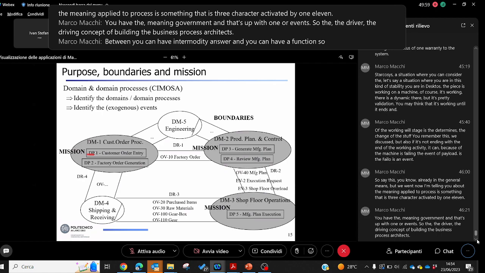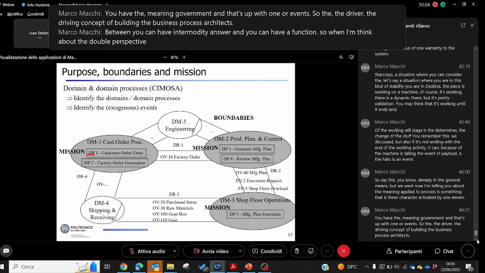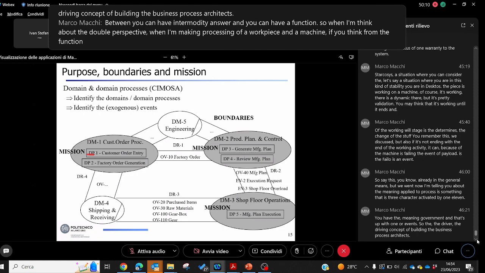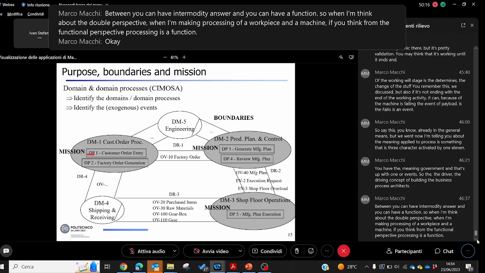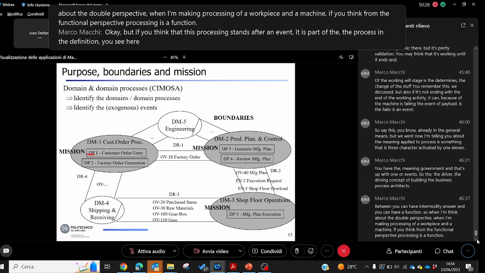So when I think about the double perspective, when I'm processing a workpiece on a machine, from the functional perspective, processing is a function. But if you think that this processing starts after an event, it is part of the process. In the definition you see here, starting from this language.